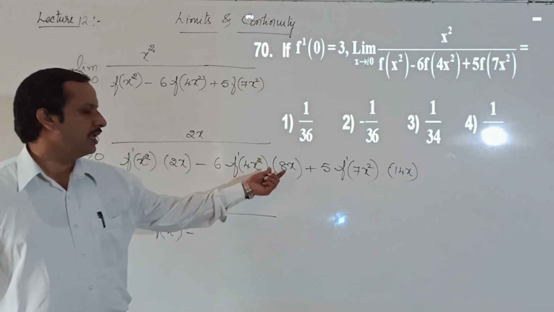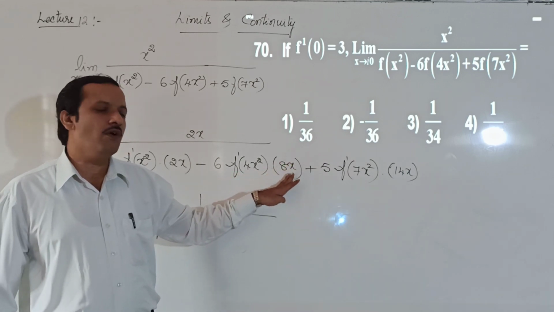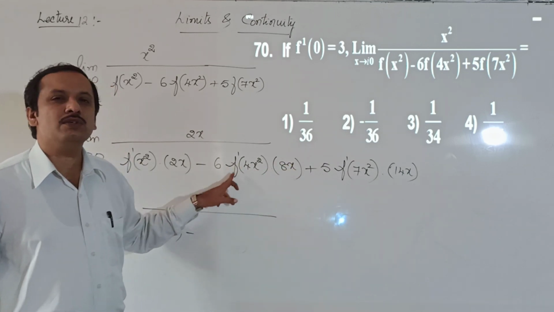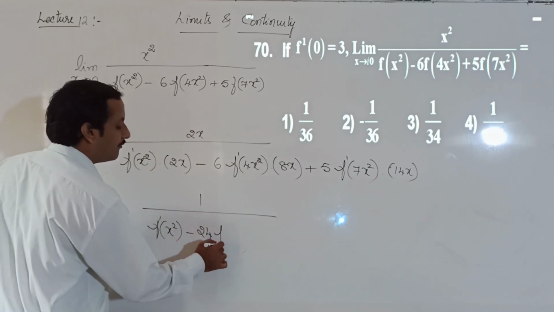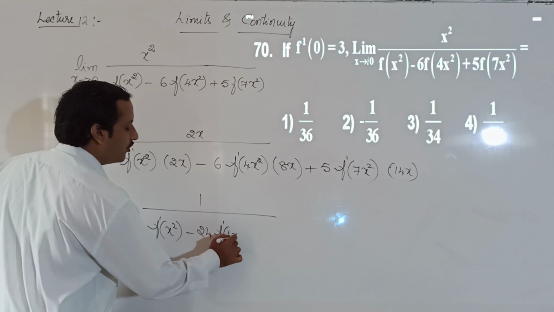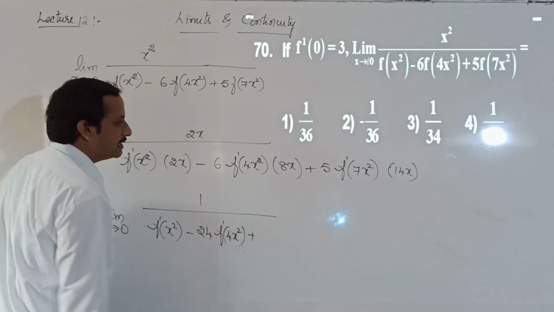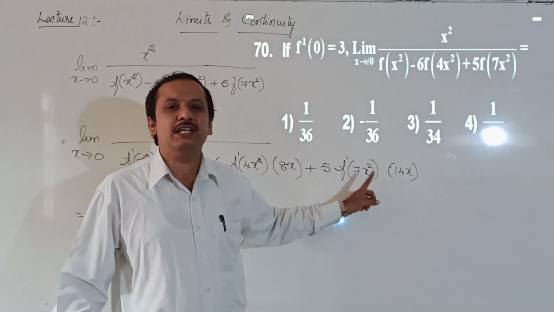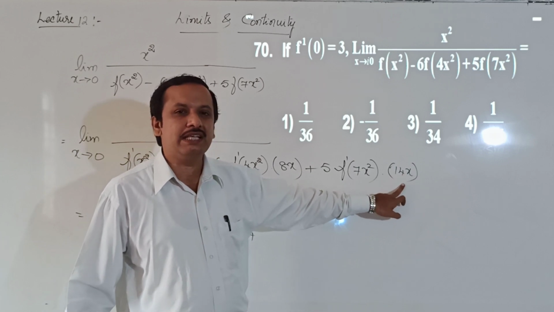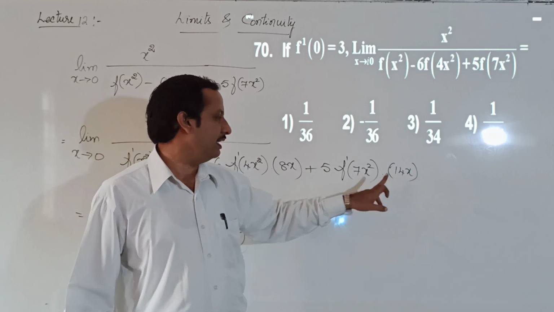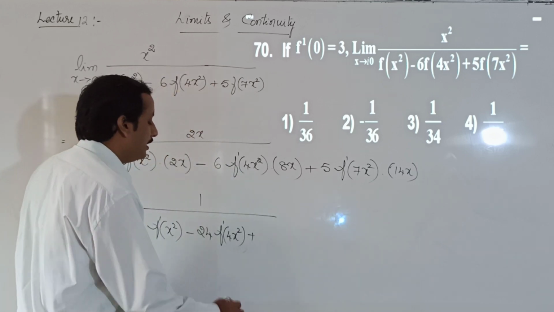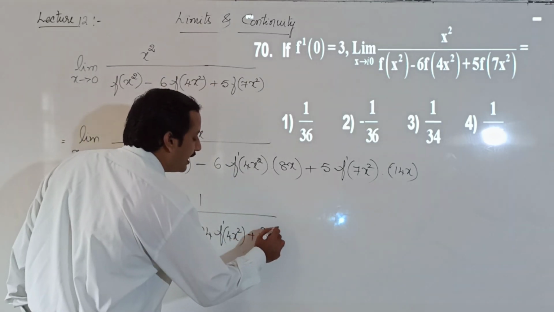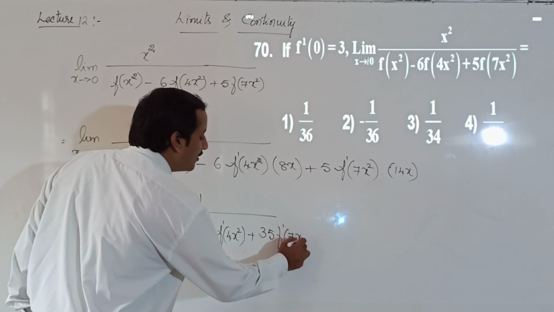Minus here, I have cancelled 2x, so 4 is remaining here. 4 into 6, that is 24. So we will get minus 24 into f dash of 4x square plus, here we have cancelled 2x, means 7 is remaining here. That 7 into this 5 will give us 35. 5 into 7, 35. 35 f dash of 7x square.